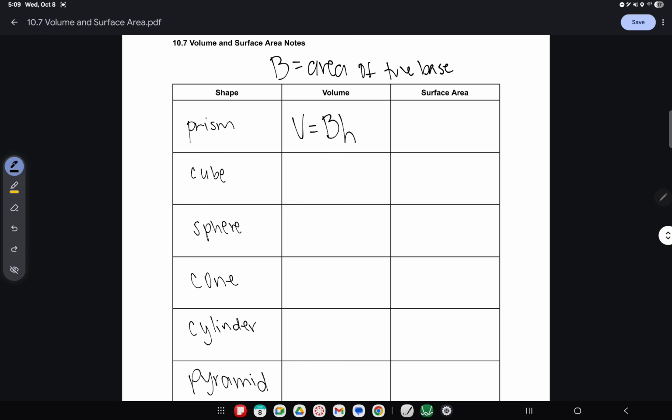And then the surface area, let's see if I can do a general one. Surface area is like if I flatten the image. So if I use this idea of a triangular prism, I'm going to try and draw one.